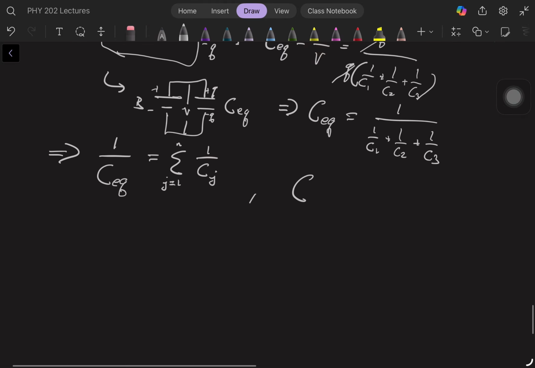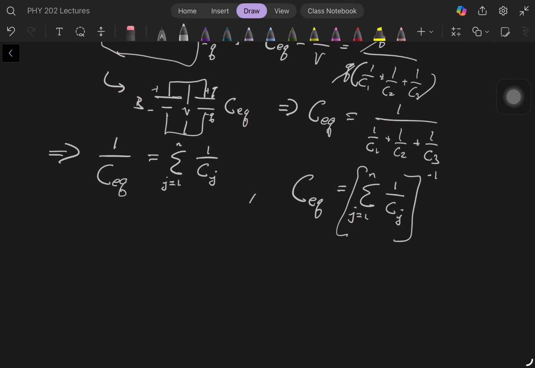I kind of like to write it like this, just because we're not typically looking for 1 over capacitance, we usually want to find the capacitance.